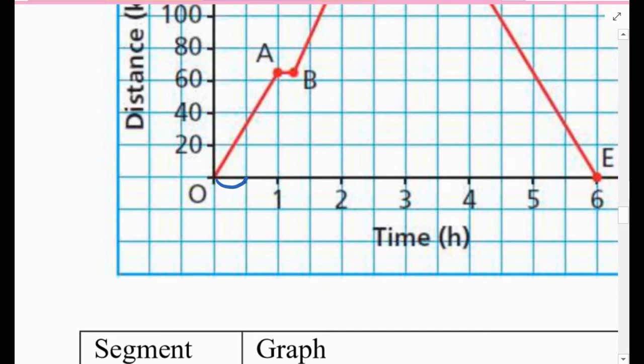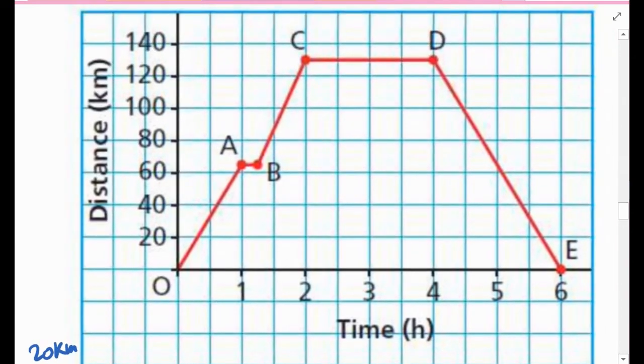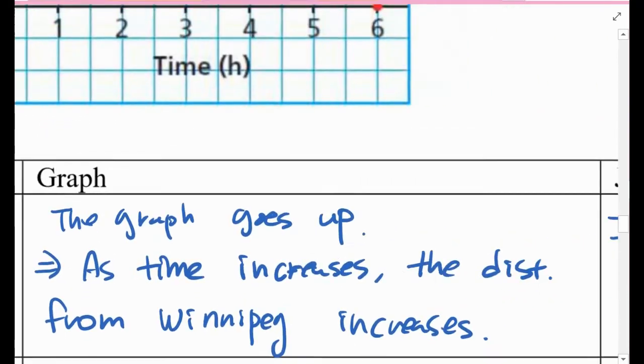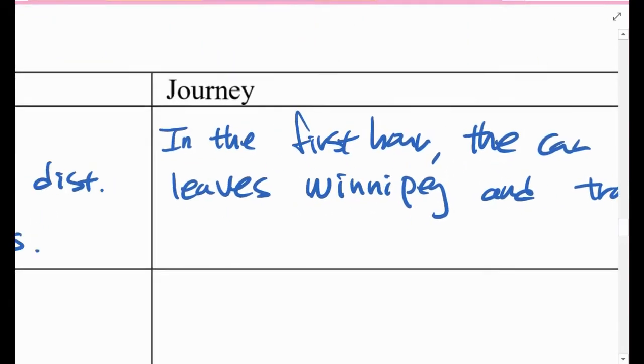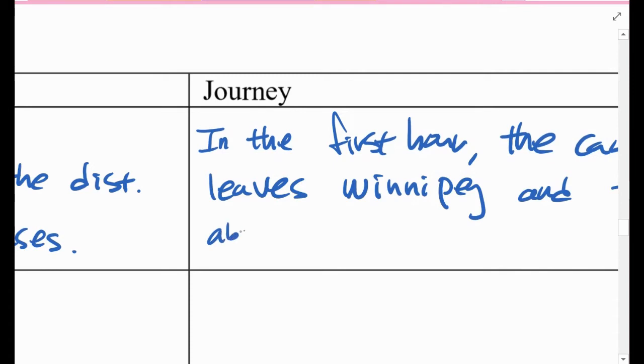One box is 30 minutes, 0.1 hour, and one box vertically is 20 kilometers. This is about a quarter box, so I would say that is about 65 kilometers. The car leaves Winnipeg and travels about 65 kilometers toward Winkler.